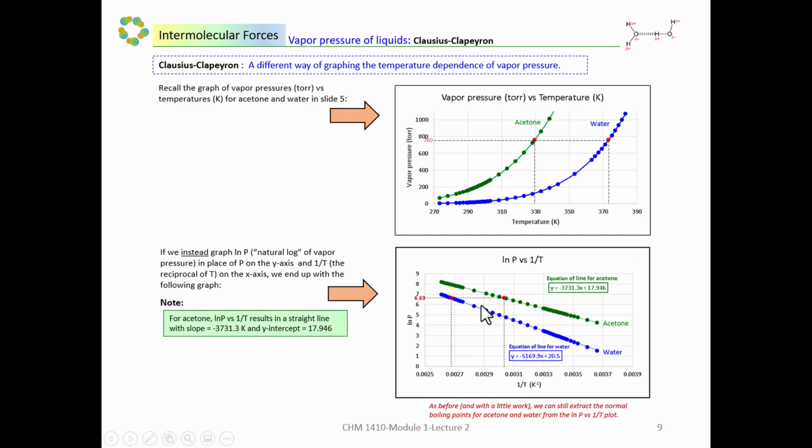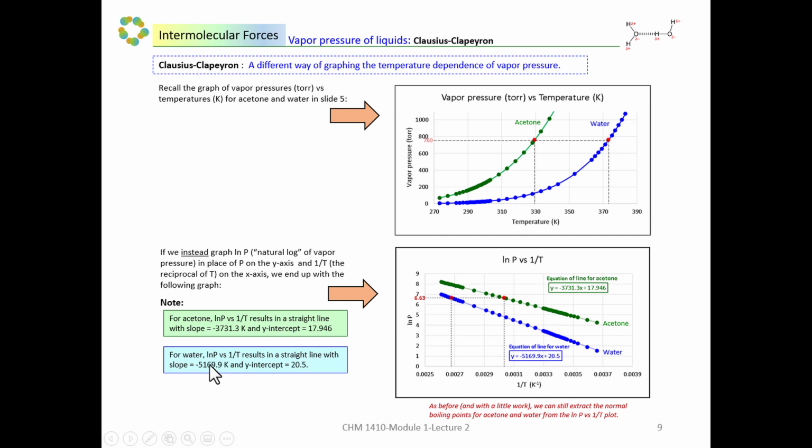For acetone, the plot of ln of P versus 1 over T results in a straight line with a slope equal to minus 3731.3, which happens to have units of K, and a y-intercept of 17.946. For water, the ln of P versus 1 over T plot results in a straight line with a slope of minus 5169.9 and a y-intercept of 20.5.